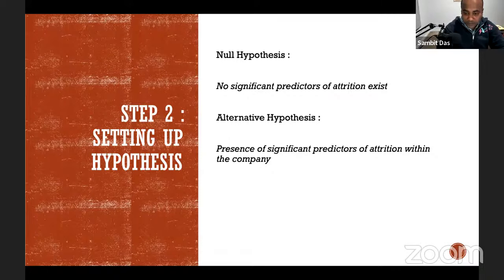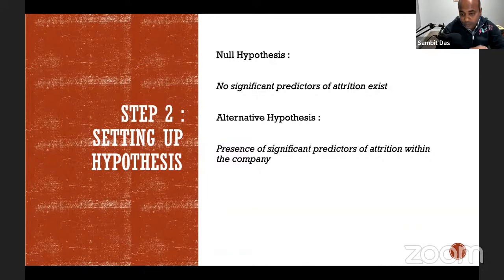The alternative hypothesis is that there is a presence of significant predictors of attrition. So there are pockets inside the company, like a department or a location, where there is high attrition.